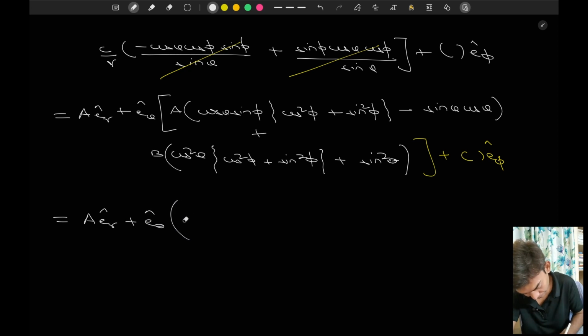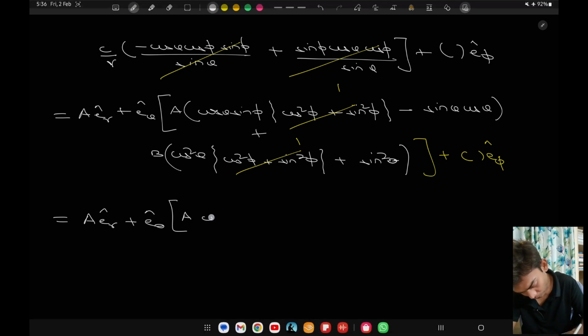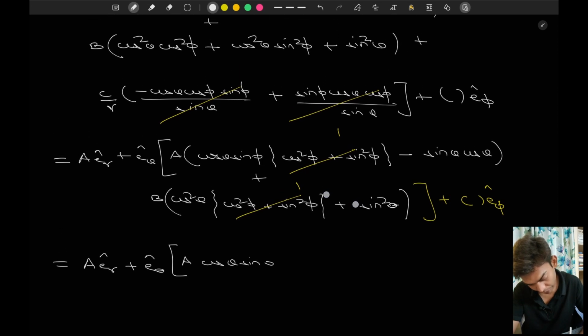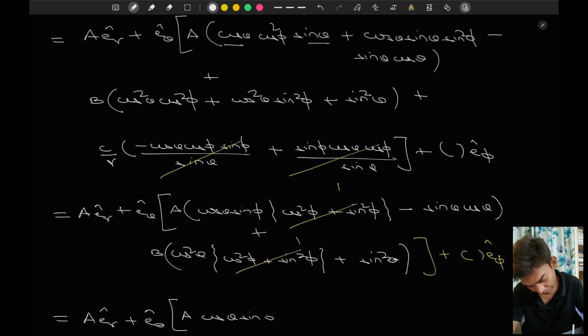For e theta, we have a, this is just 1, this is also 1. So we have a cos theta, sine theta cos theta, sorry, this is sine theta, or sine phi. Did I make a mistake?